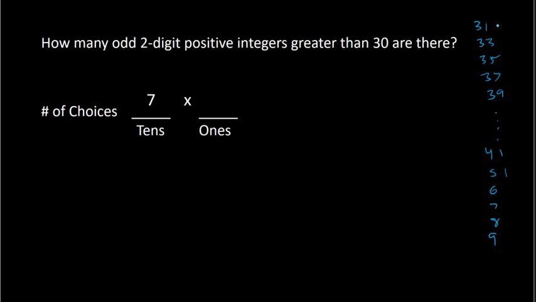It could be 1, 3, 5, 7, or 9. So we have 5 options for the ones place that would make it odd. And so we take 7 times 5, and we get 35 as our answer. So what we've determined is that there are 35 numbers that are bigger than 30, that are 2-digit, and that are odd.